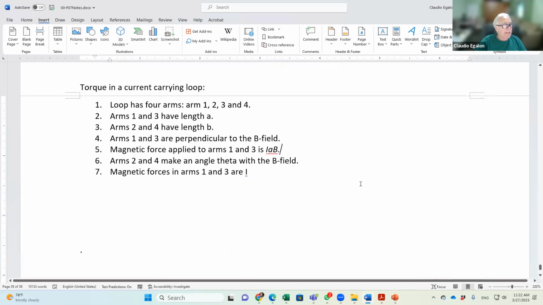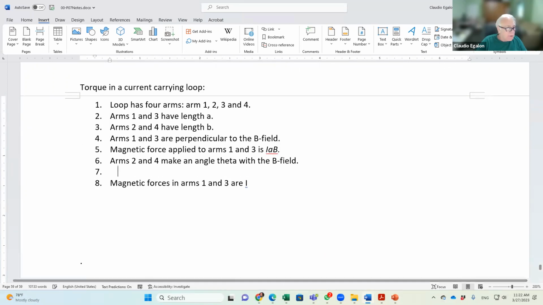Arms 2 and 4 make an angle theta with the B field, right? Look, arms 1 and 3 have elements that are perpendicular to the B field. Okay, arms 2 and 4 make an angle theta with the B field.